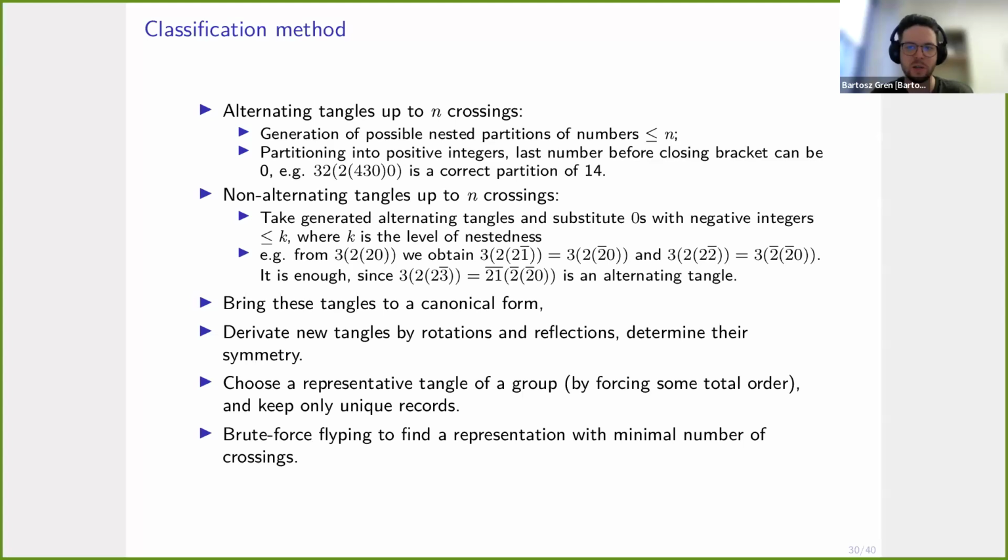We just want the unique set. We want to reduce the number of tangles. And then we want to take these unique tangles and brute force flyping to find a representation with minimal number of crossings, because our canonical representation does not necessarily have the minimal number of crossings.